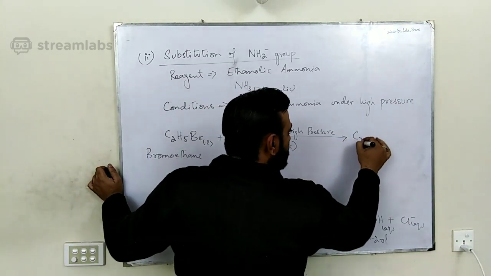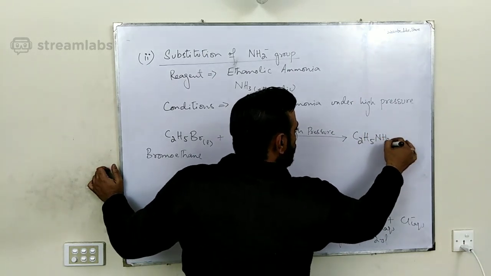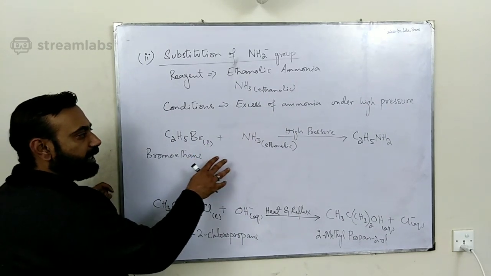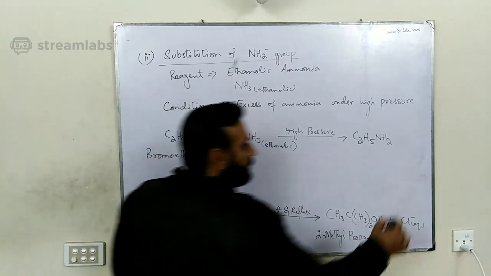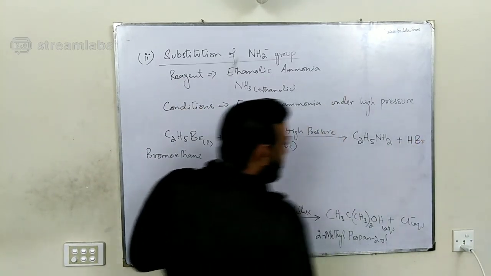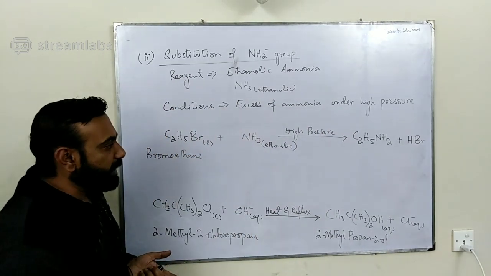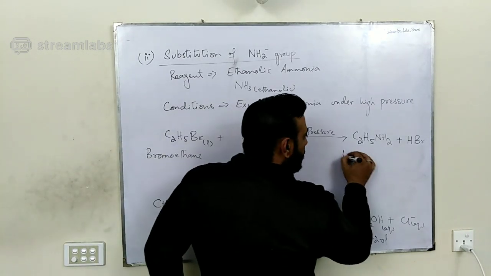So this would make the organic compound C2H5NH2, and the Br that got out of this halogenoalkane and the hydrogen which remained from this ammonia molecule will form a bond with each other and produce HBr. So this was bromoethane. When we substituted the NH2 group in this halogenoalkane, we got ethylamine.